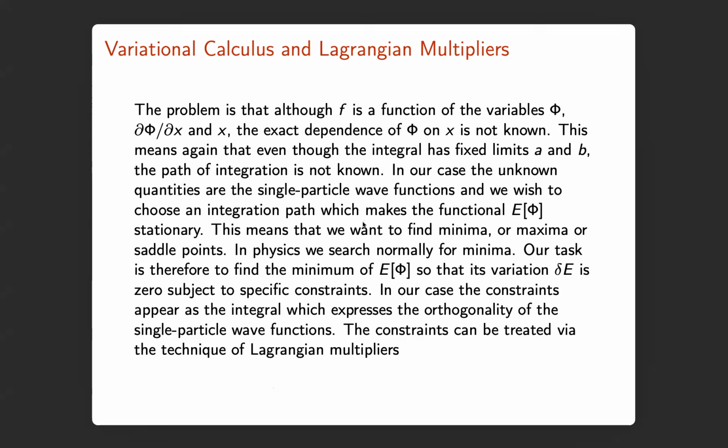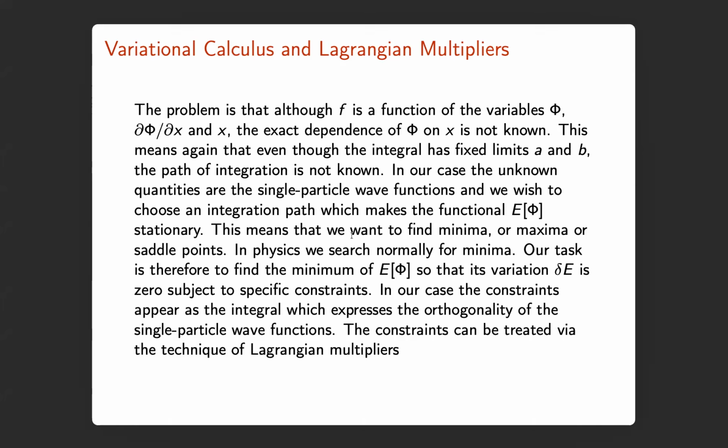Probably many of you have encountered a problem like that one, where you have been asked to show that the optimal distance between 2 points is just given by a straight line. Have you had such an exercise in mathematics or classical mechanics? Yeah, I can see that. So this is a typical example.